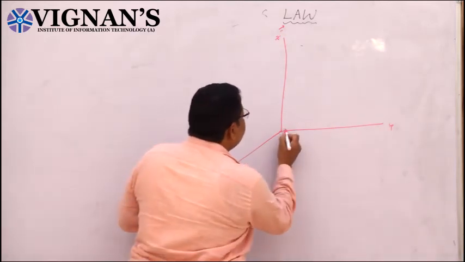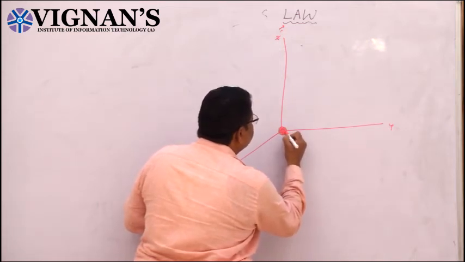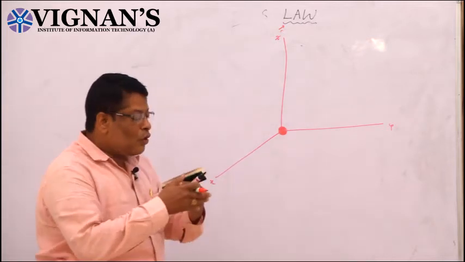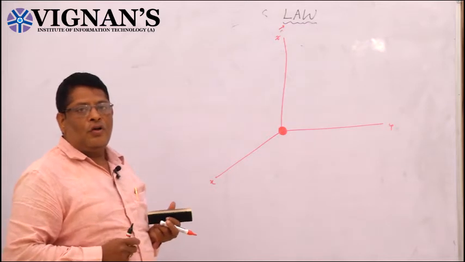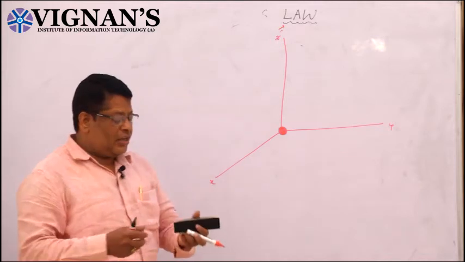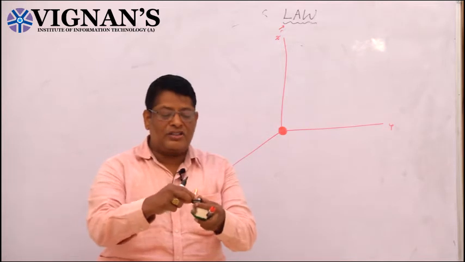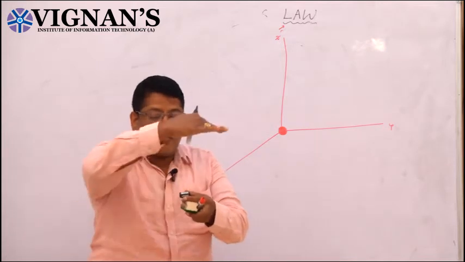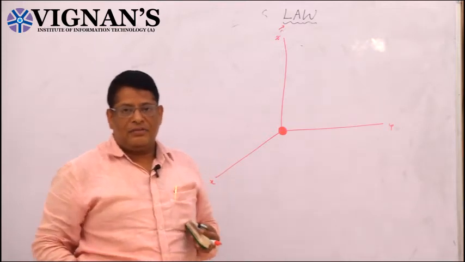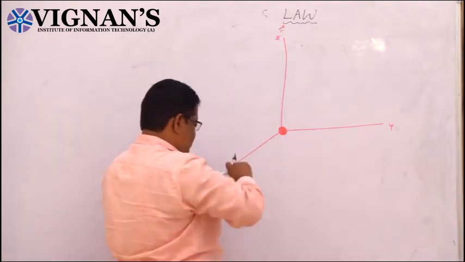At the origin, we are assuming that one point charge is placed. Now take a closed surface which encloses this point charge. Suppose here we have taken the one point charge in this manner. See here, on this there is some amount of charge. Around the charge we have taken one closed surface, that we have taken as a sphere.